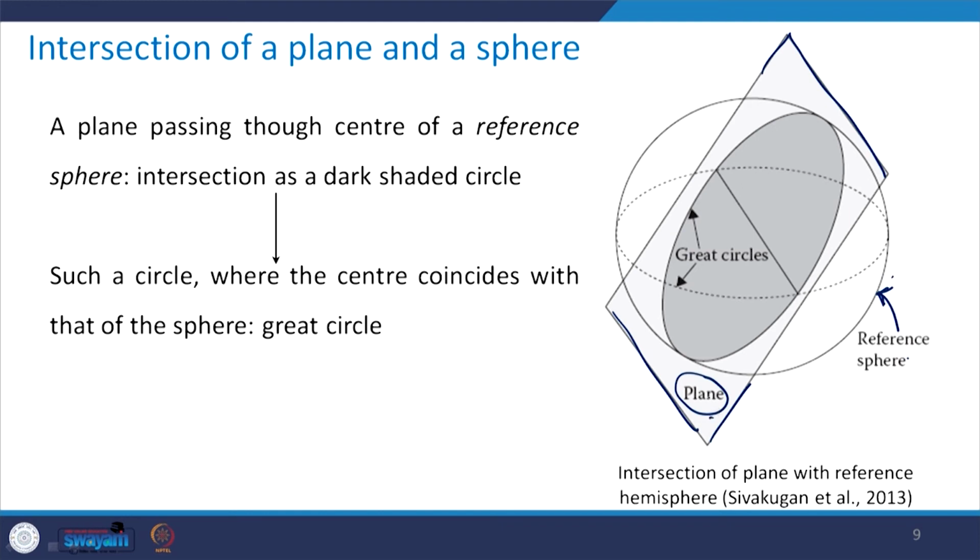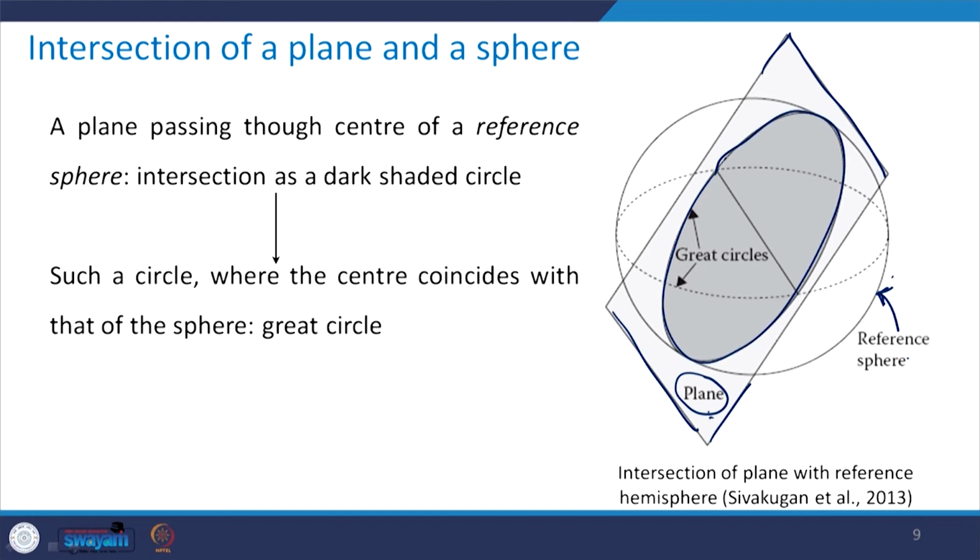How does that intersect? A plane which is passing through the center of the reference sphere, that is given by this dark shaded circle. You see this one.